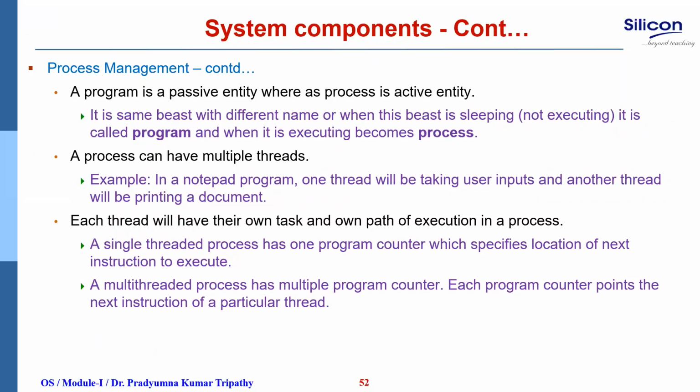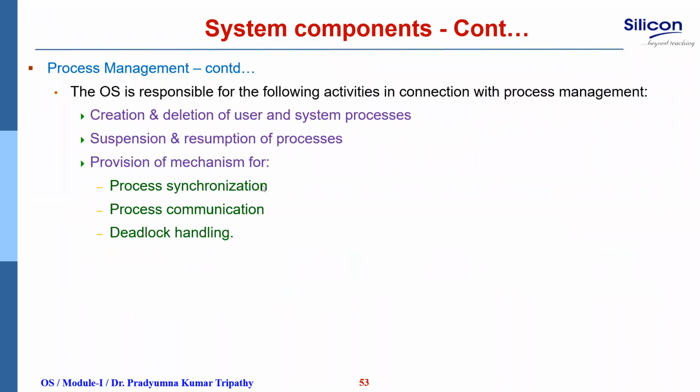We discussed threads that can be used for execution, and different process management techniques like process synchronization, process communication, and deadlock handling. This is only a brief on what process synchronization, communication, and deadlock handling are.